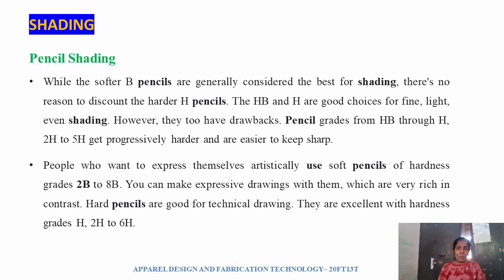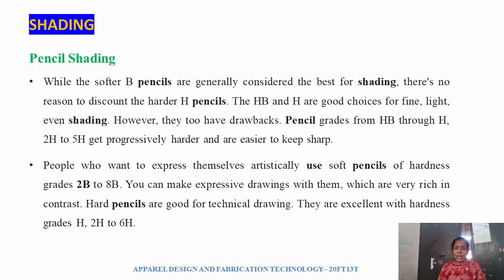Pencil grades from HB through H, 2H to 5H and progressively harder are easier to keep sharp. So, we should make sure that before using any pencil, it is sharpened enough. People who want to express themselves artistically use soft pencils with hardness grades 2B to 8B.